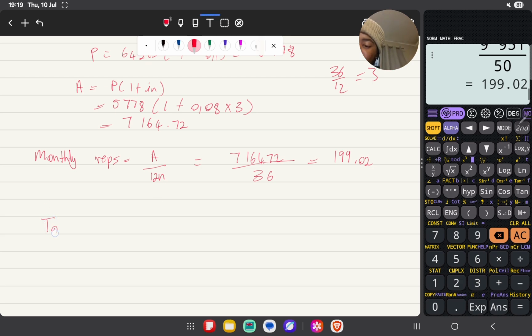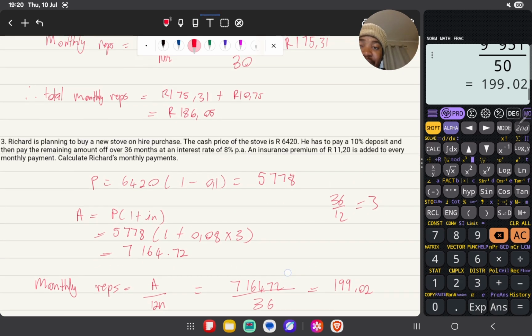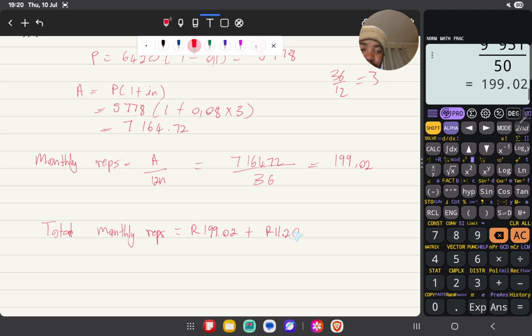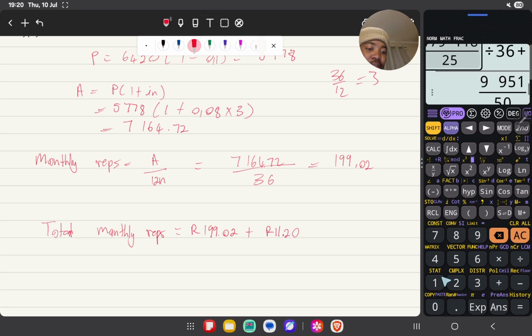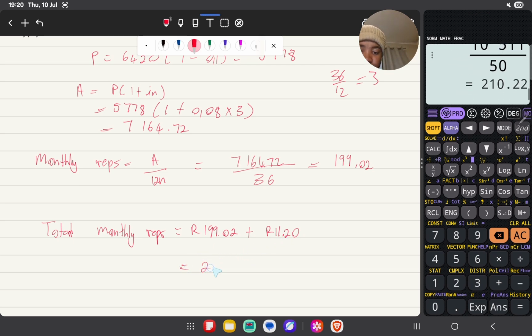Yes, and therefore you say total monthly repayments is going to be that money plus 11 rand 20 as your insurance premium. So you take that money plus 11.20, and you get 210.22.